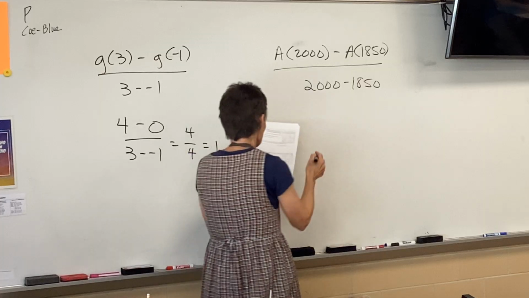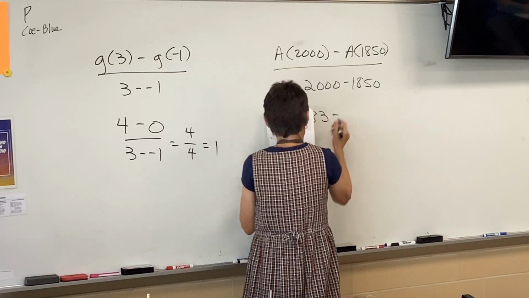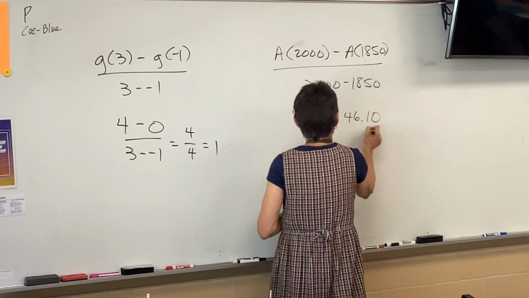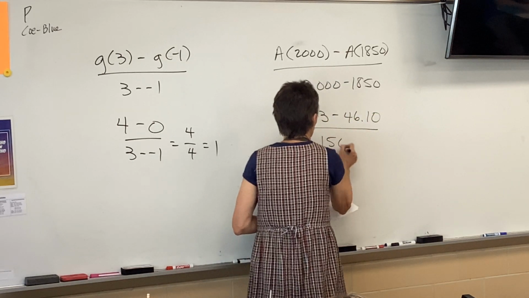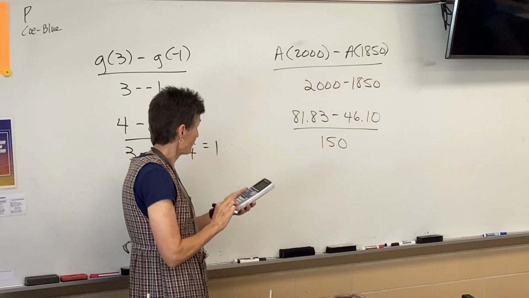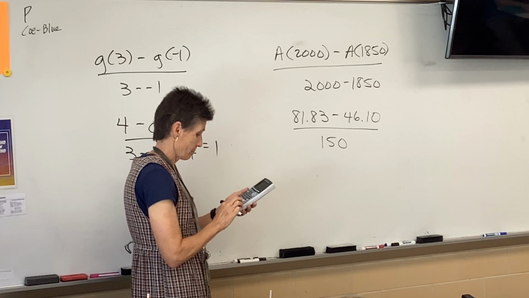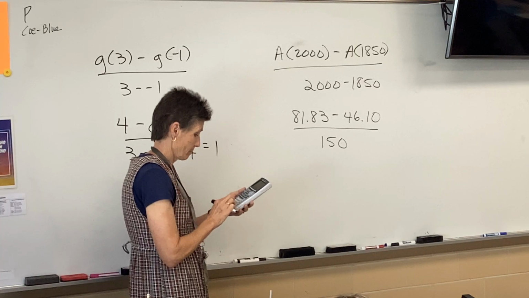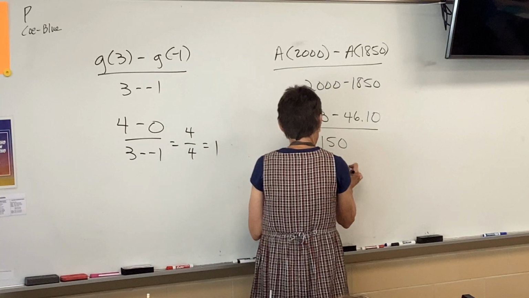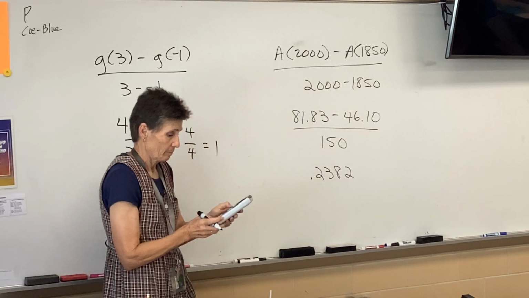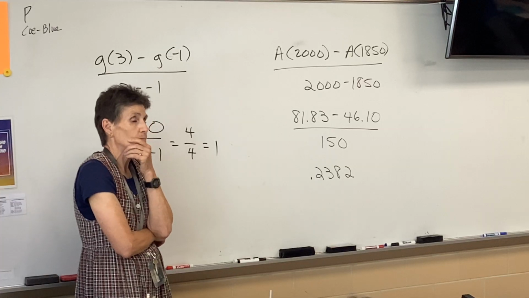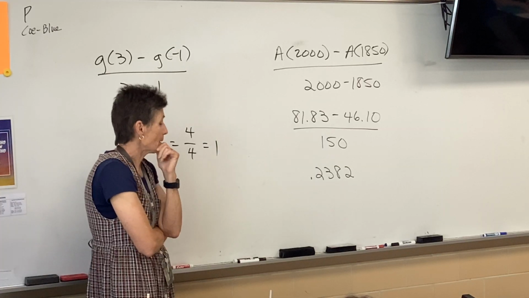So A of 2000 is 81.83. Wow, 46.10. I got 0.2382.